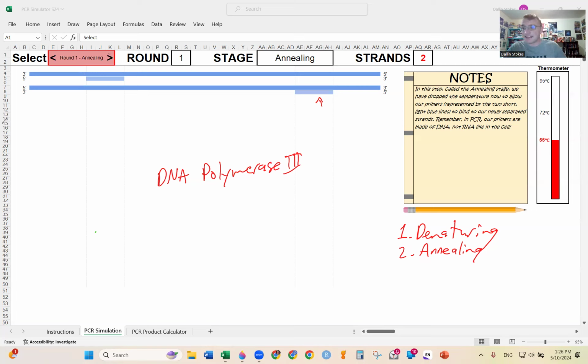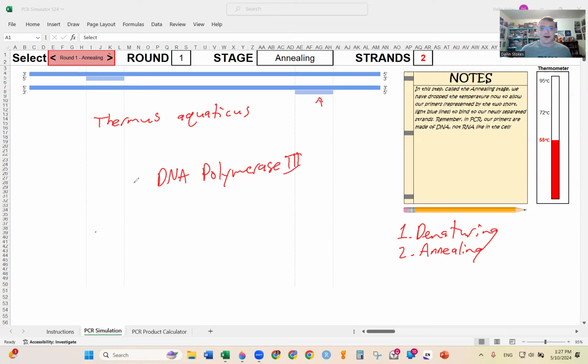So they collected a bacteria from the lake called Thermus aquaticus. And so that's the name of the bacteria. And they took that bacteria and they stole its DNA polymerase 3.